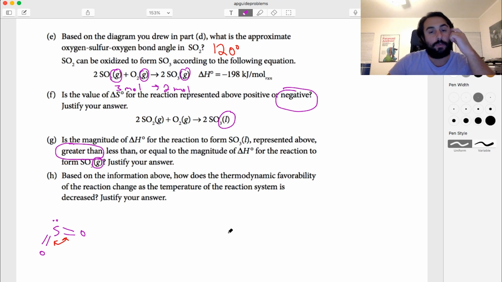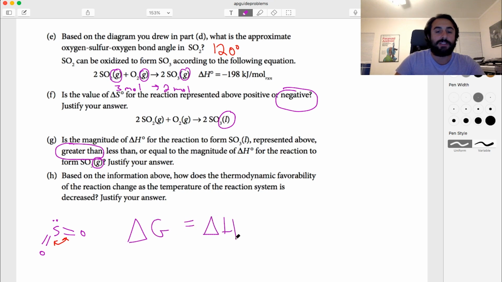So we've talked about enthalpy and we've talked about entropy, and now we want to talk about thermodynamic favorability overall. So clearly we are talking about Gibbs free energy, right? We've got delta G equals delta H minus T delta S. So what did we just say about each of these parameters? For delta S, is that positive or negative?